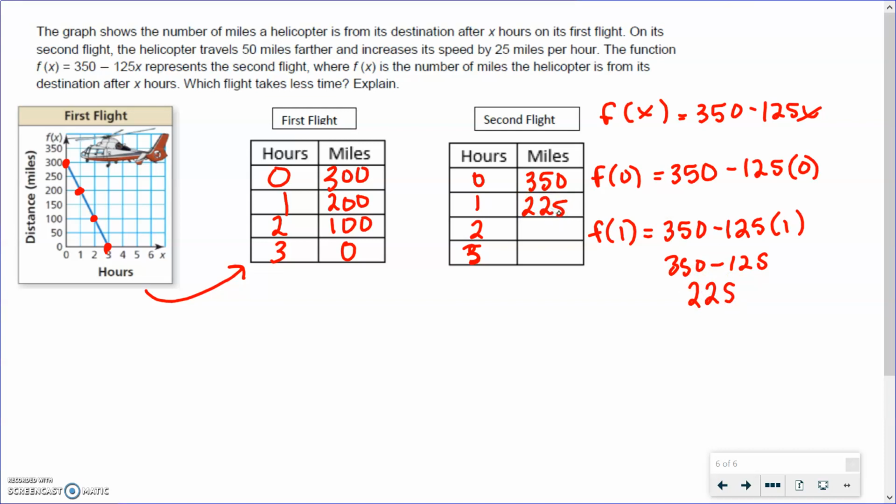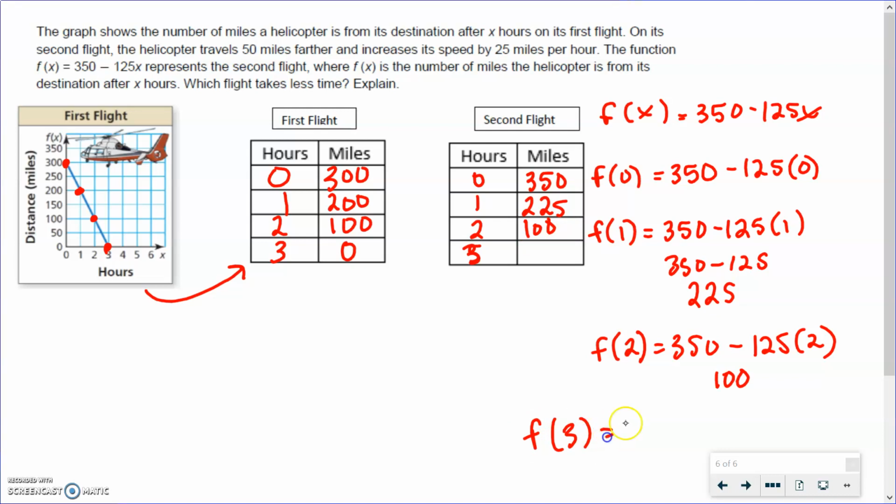I'm just going to tell you if we plug in 2, 350 minus 125 times 2, so 350 minus 250, which is going to give us 100 for this output here. And then f of 3 is going to give us 350 minus 125 times 3. Well, that's going to give us 350 minus 375, which is going to give us negative 25.